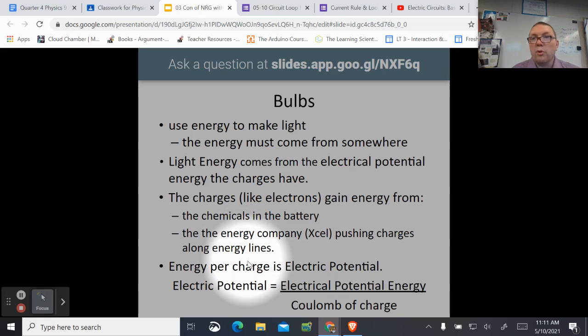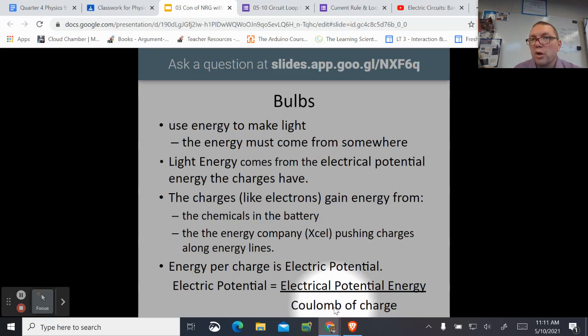And then remember, we'll talk about energy per charge. These phrases are things that we're kind of adding, right? Initially, we spoke just about current and flow. Now we've added electric potential. And remember, electric potential is energy per charge, or electric potential energy per coulomb of charge.